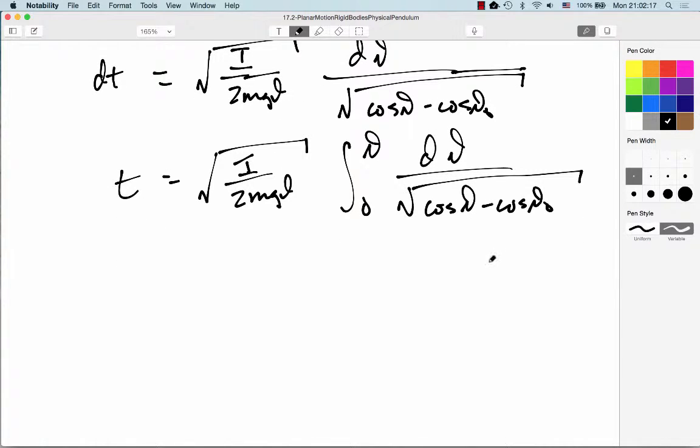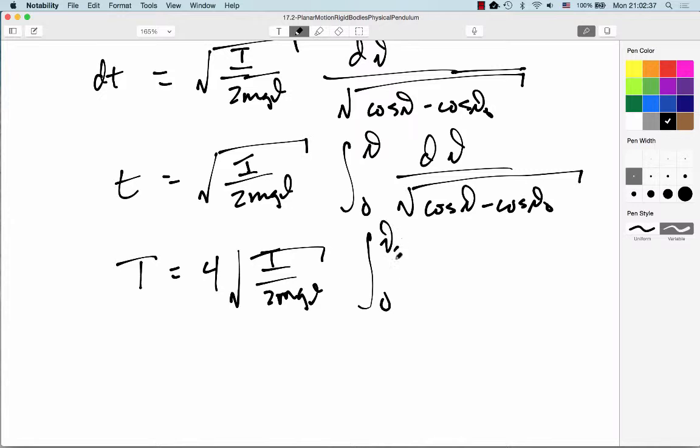Now, if we wanted to get the period, a trick we can realize is that if we integrate from 0 to theta naught, that would be a quarter of the period. So the whole period will be equal to 4 times that. Root I over 2 mgl, integral 0 to theta naught, same integrand.